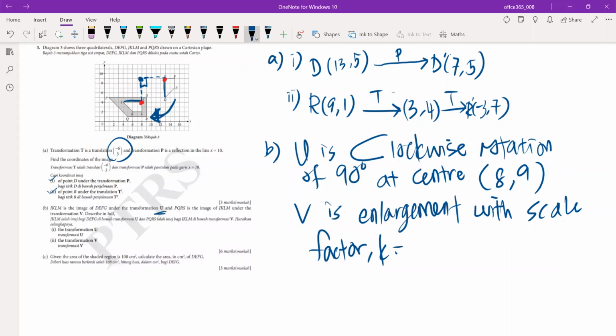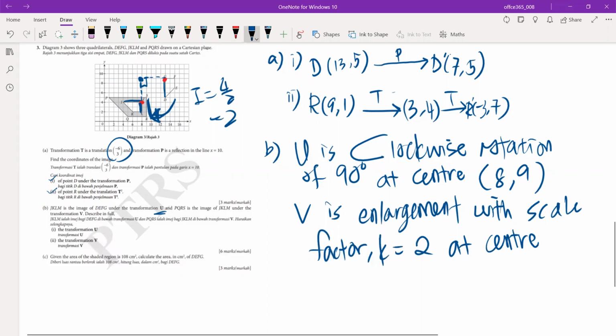Scale factor K equals to image over object. Image over object 4/2. So it's 2 at center. Remember pada pusat mana? Kalau dia merupakan pembesaran dengan faktor skala 2 di pusat mana?